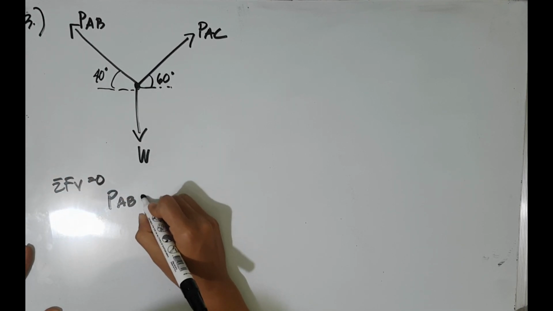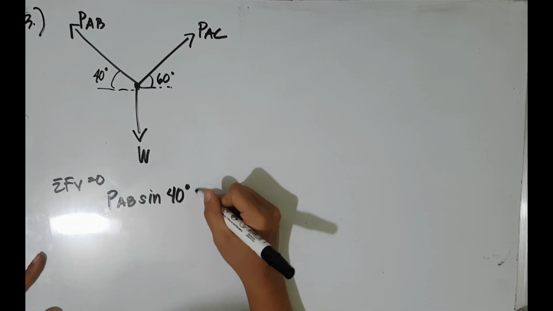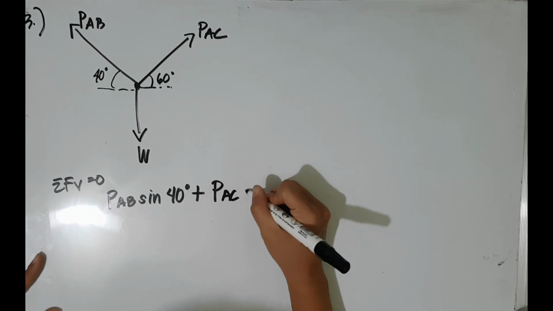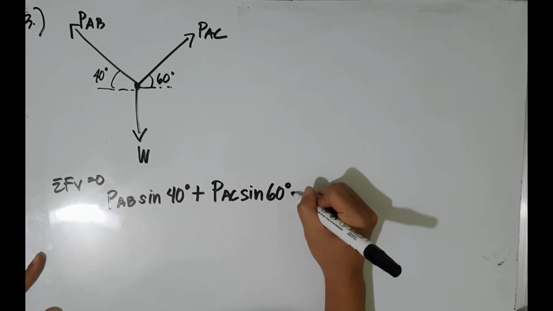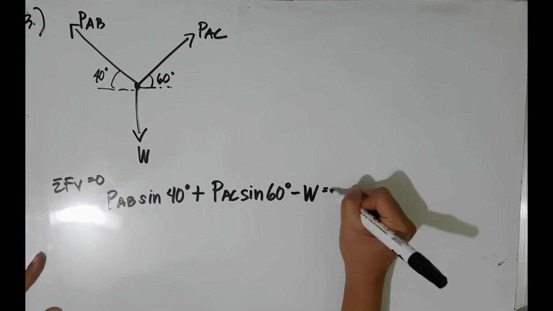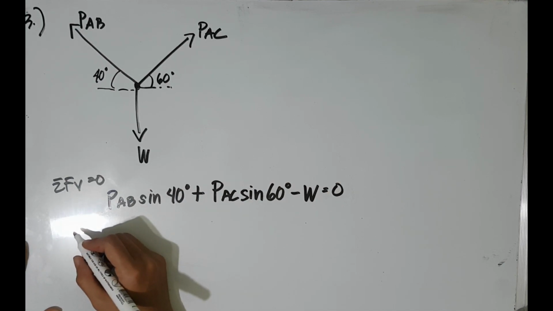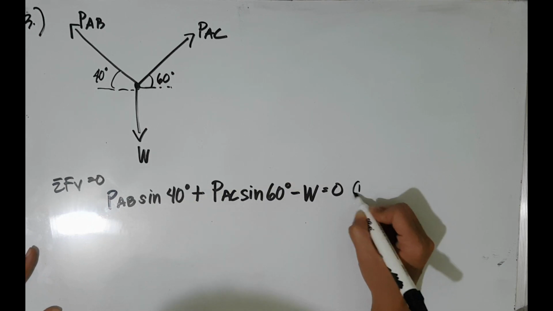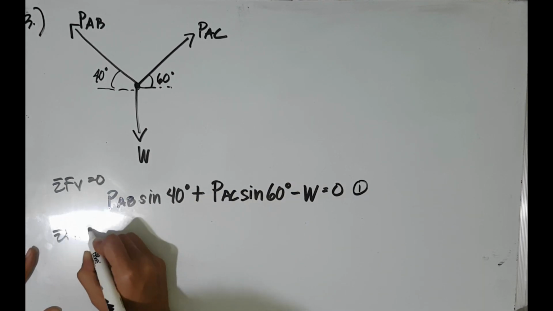So force AB sine 40 plus force AC sine 60 minus W is equal to 0. So we will just take the force AB and force AC in terms of W.